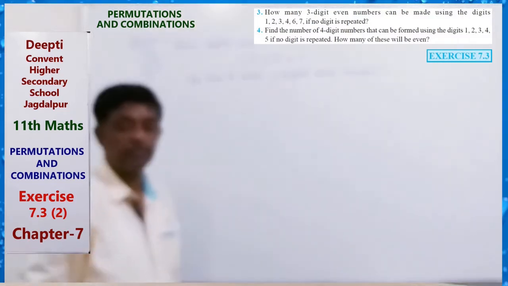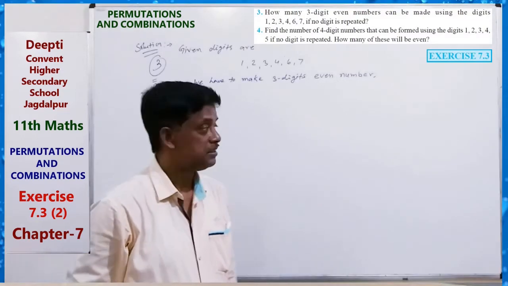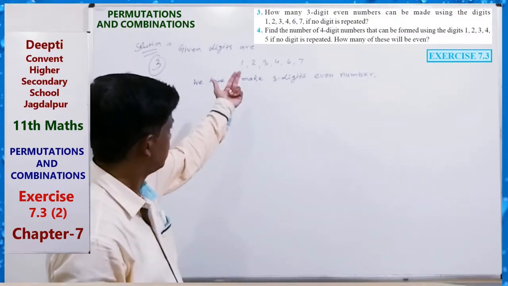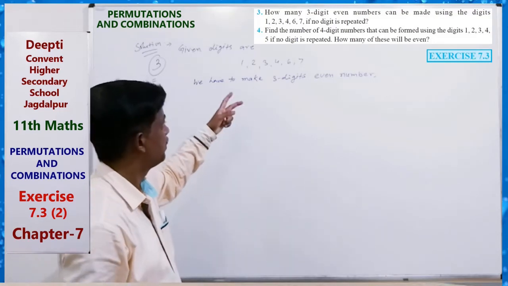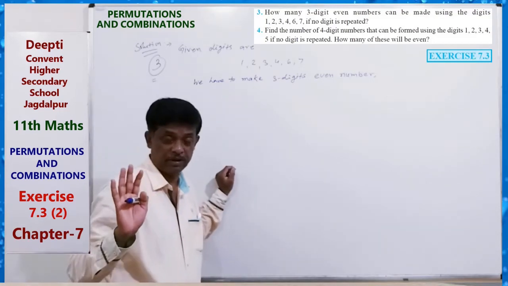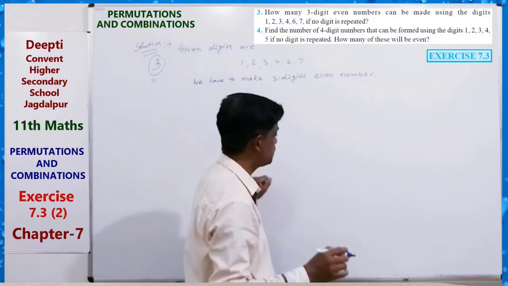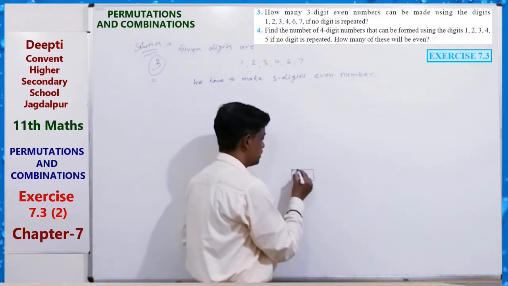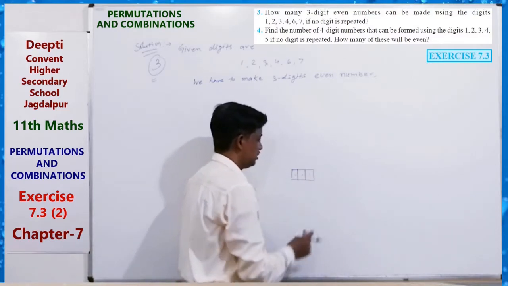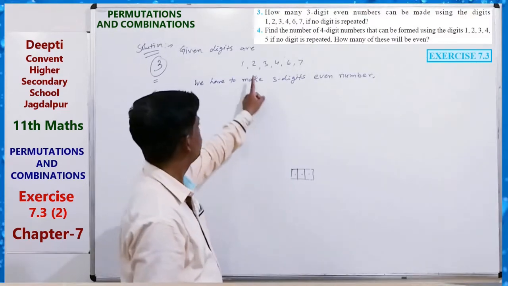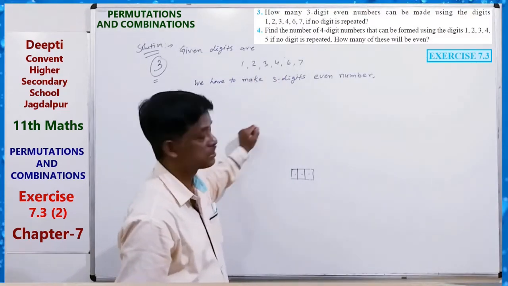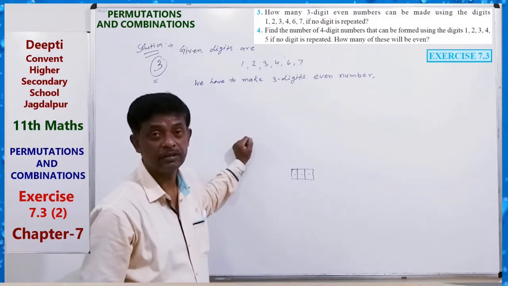3 digit even number means we have to select 3 digits, but even number, that means 3 digit means we have 3 places. The unit place will be either 2, 4 or 6, an even number.